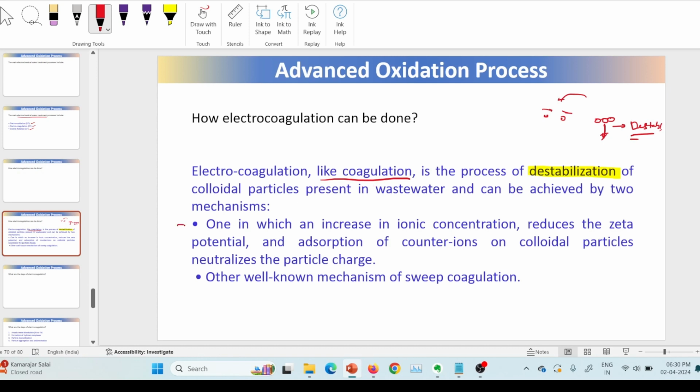In the first, an increase in ionic concentration reduces the zeta potential, and adsorption of counterions on colloidal particles neutralizes the particle charge, so the particles have more chances of destabilization. The other well-known mechanism is sweep coagulation.